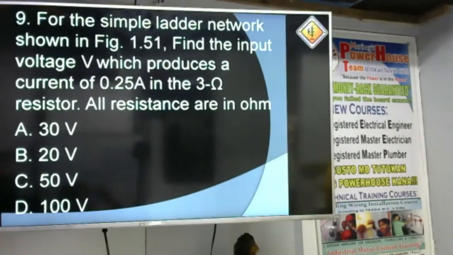The question is the source voltage V here. What is the source voltage V?